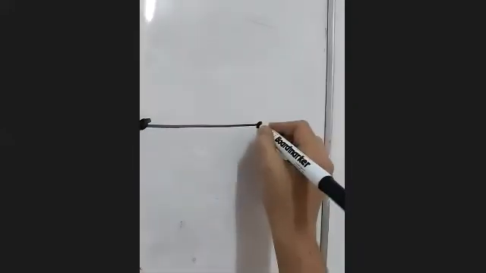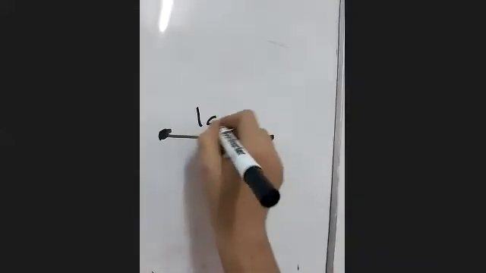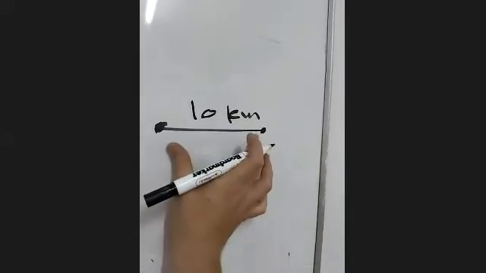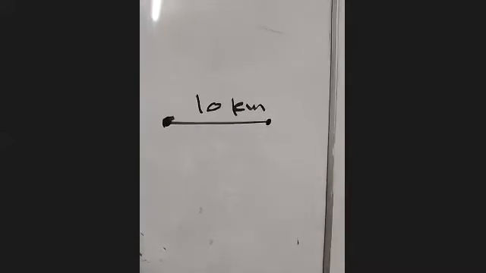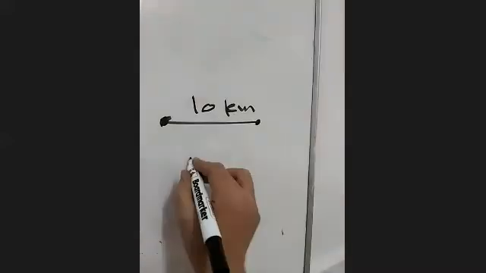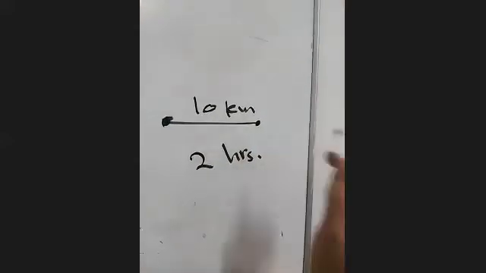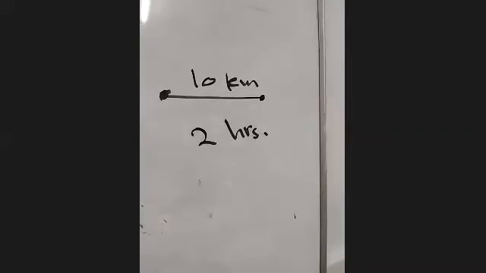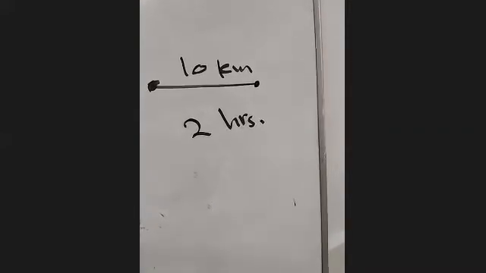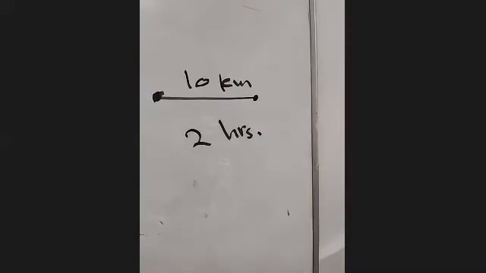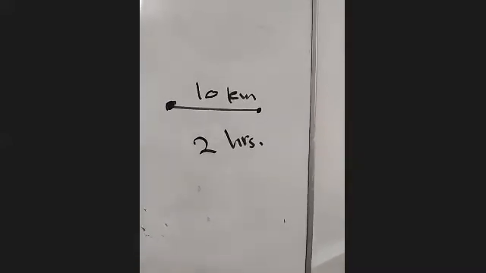Focus with me. If the distance you want to cut is 10 kilometers, the total distance you want to drive is 10 kilometers, okay? And you have 2 hours. With me? With you. How many kilometers per 1 hour will you drive? 5. How did you get it?